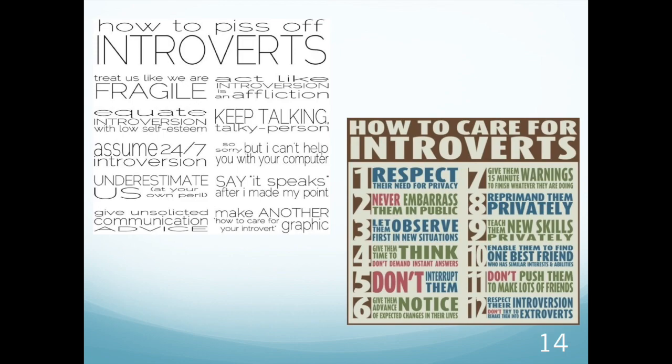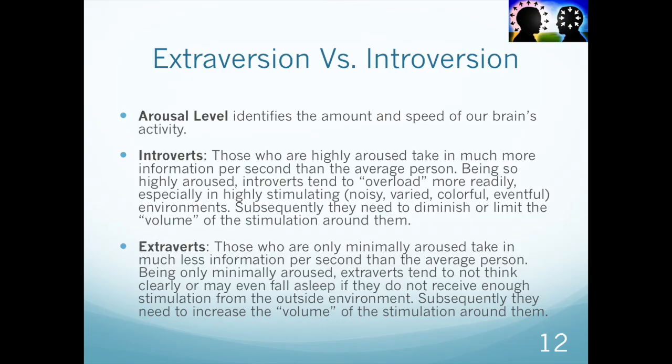So both extrovert and introvert personalities can be analyzed on the degree of arousal, or the arousal level. And this arousal level identifies the amount and speed of our brain's activity. As far as introverts are concerned, those who are highly aroused take in much more information per second than the average person.